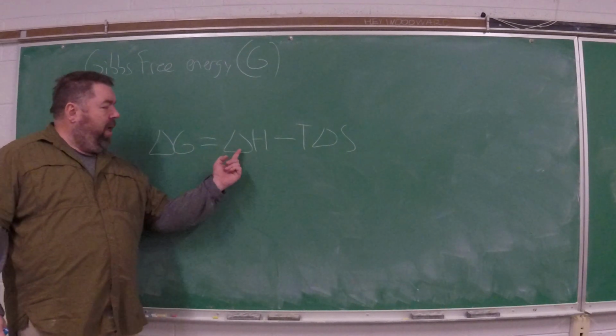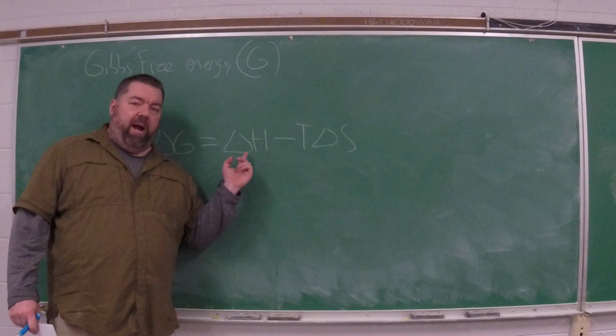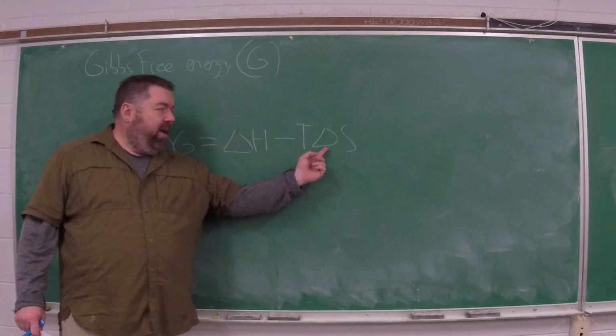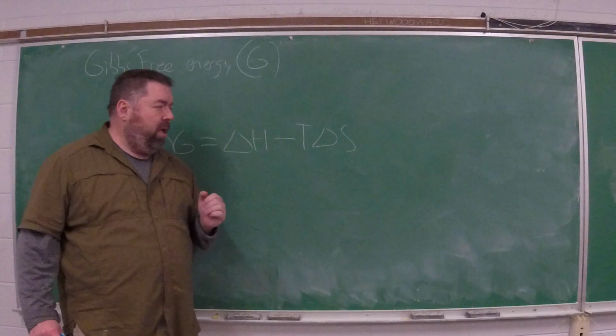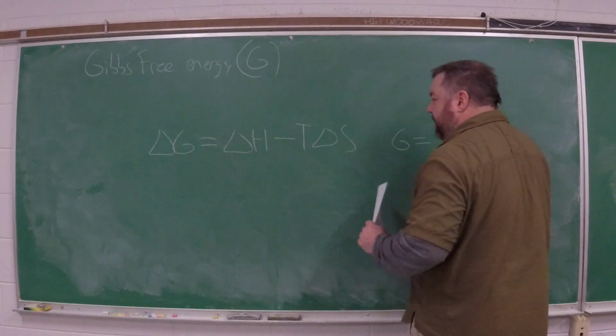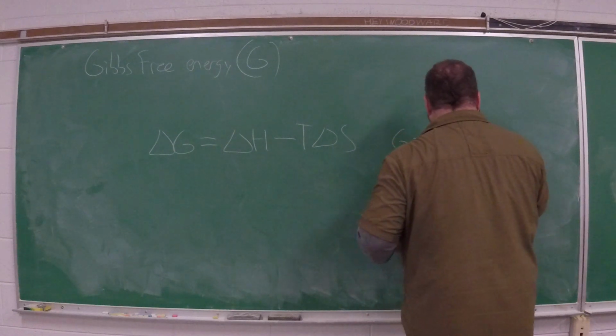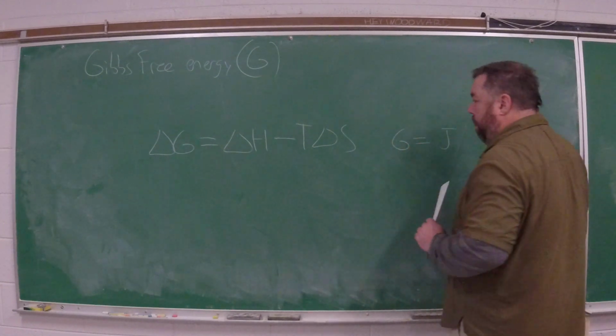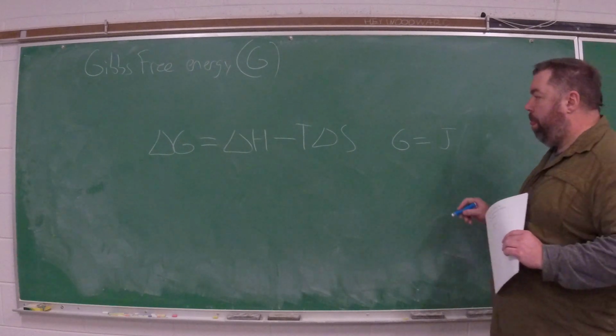Gibbs free energy, remember H, that's enthalpy, right? That's the change in enthalpy. Here's our entropy, right, times delta S, okay? So let's write out what these things are. G, again, is Gibbs free energy, right? That's going to have units of joules, okay?